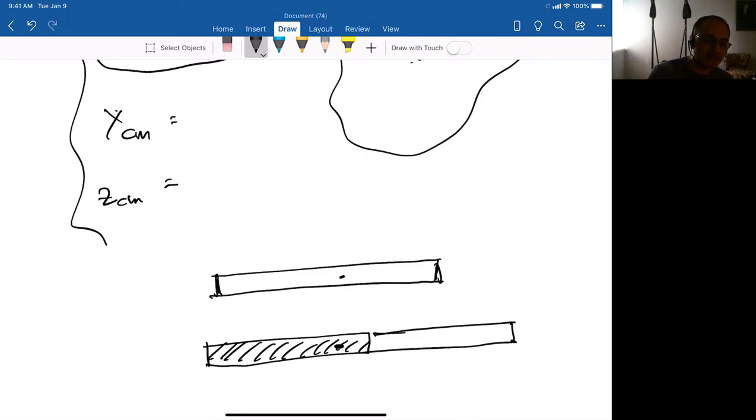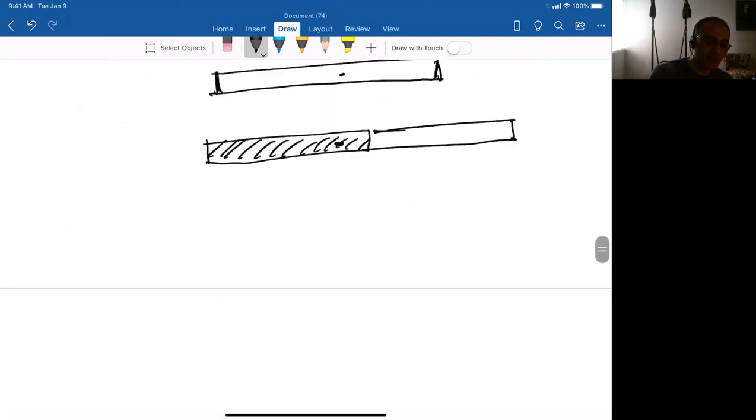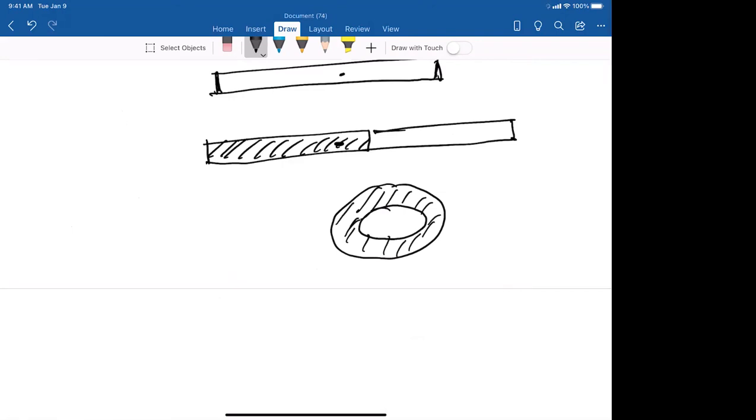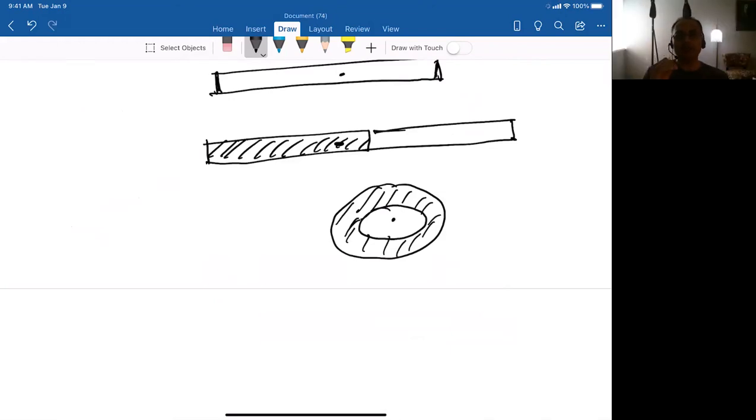And finally, if you have a donut where the mass distribution is uniform, where is the center of mass? In the center, exactly. So if a shape has a nice geometrical center and the mass is distributed uniformly, then the center of mass will be at that center.